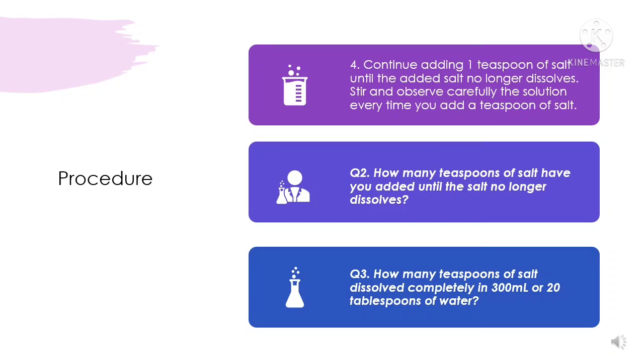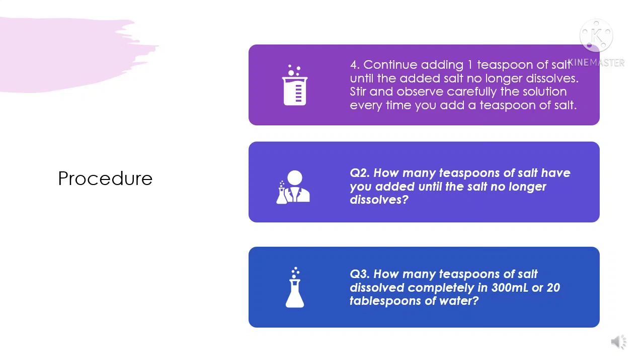Stir and observe carefully the solution every time you add a teaspoon of salt. Continuous lang yung pag-add ninyo ng isang kutsaritang asin hanggang sa hindi na matunaw mismo yung asin sa tubig. So that is number 4.